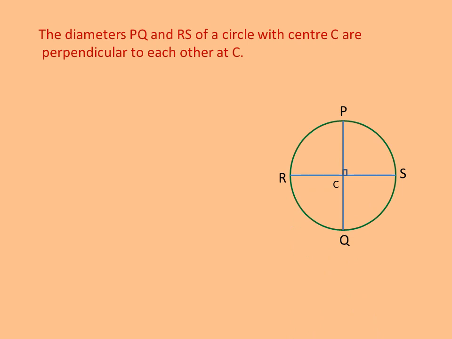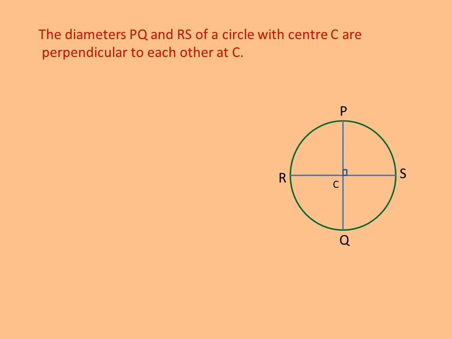C is the center. I am naming chord PQ and chord RS, which are also called diameters. Why? Because they are passing through the center of the circle. Next part is they are perpendicular to each other at point C.